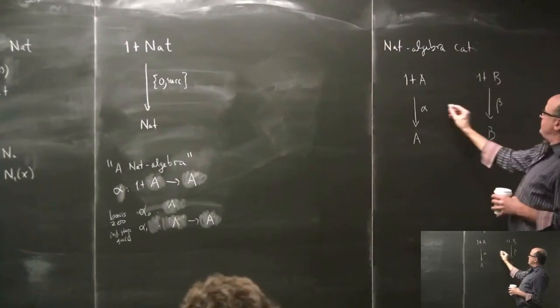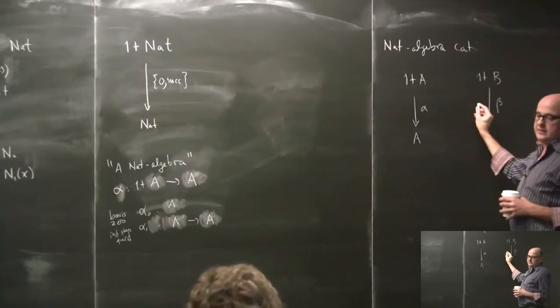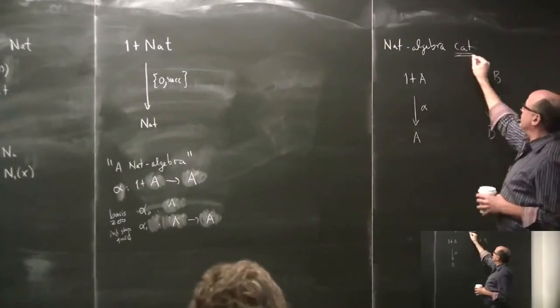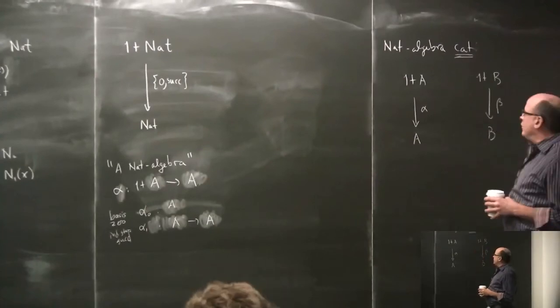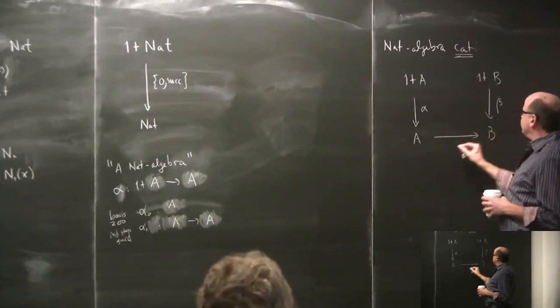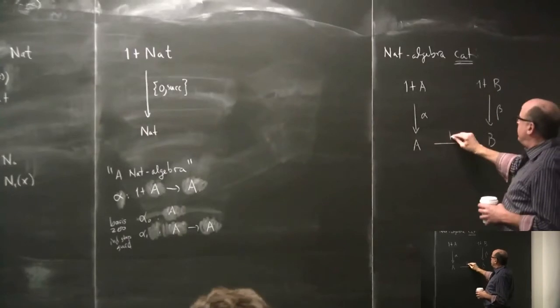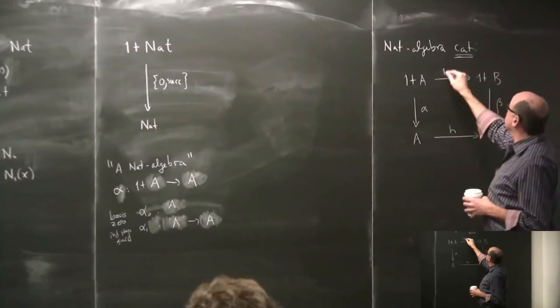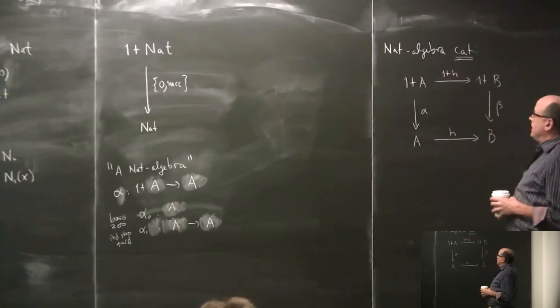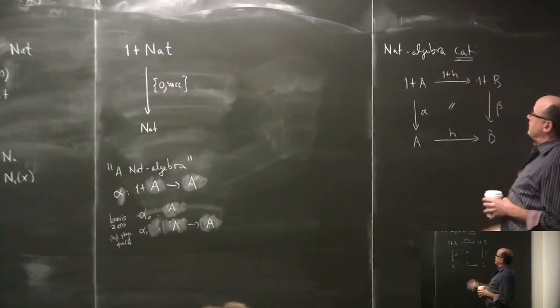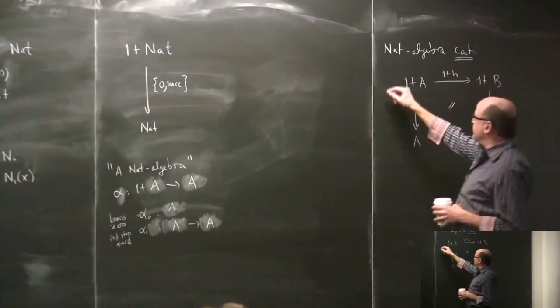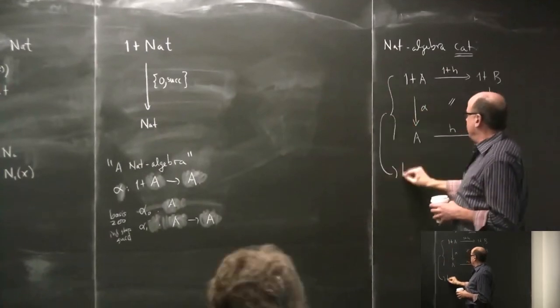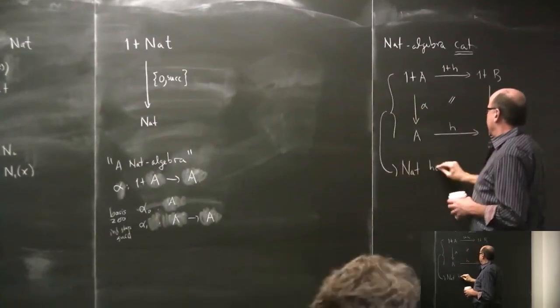I want to say, what is a mapping between these things? Because I'm going to set up a category, okay? So a mapping between these things is a function, let's call it h, and we'll call this 1 plus h, okay? And such that this diagram commutes. So this is what is called a nat homomorphism.